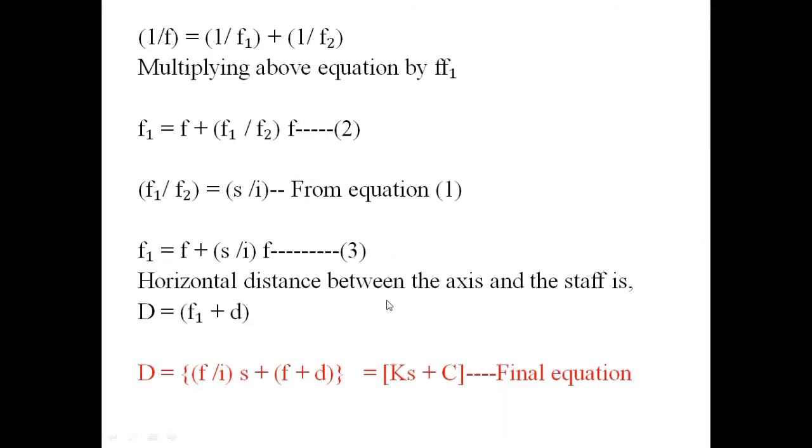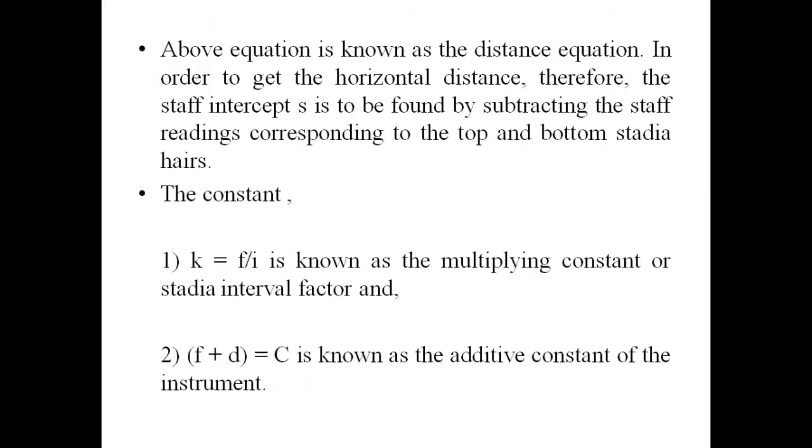Therefore, we know the value of F1 from equation number 3. Putting this value in the horizontal distance equation, D is equal to, in brackets, F by I multiplied by S, plus F plus d, which is also equal to K into S plus C. This is the final equation for the Stadia method. The above equation is known as the distance equation.